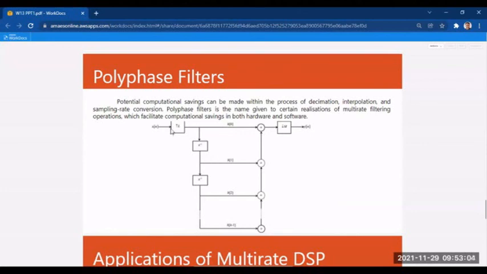So we have here interpolation, L-fold expansion, and then M-fold decimation. These are low-pass filters. So instead of a simple sampling rate conversion wherein we have the L-fold expansion, then the filter, and then the M-fold decimation, what happens here is the signal is subjected to polyphase, or many phases, of filtering.